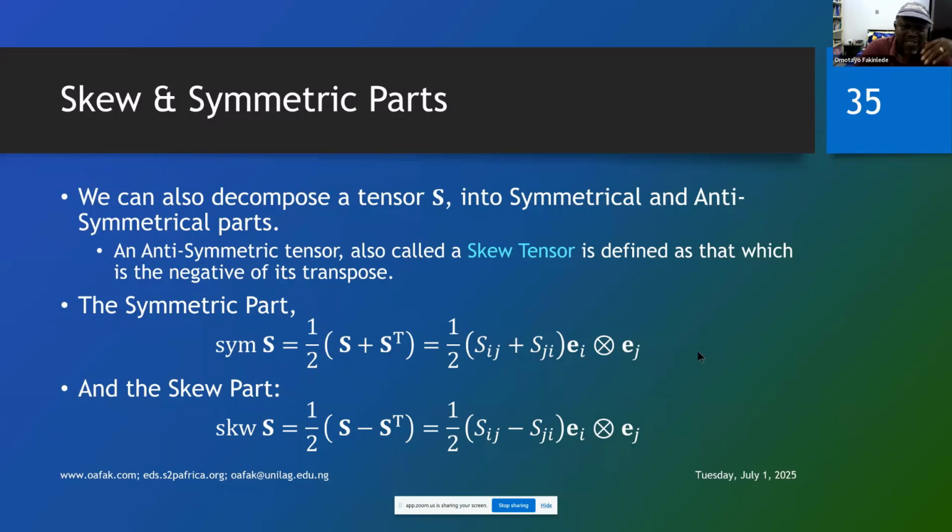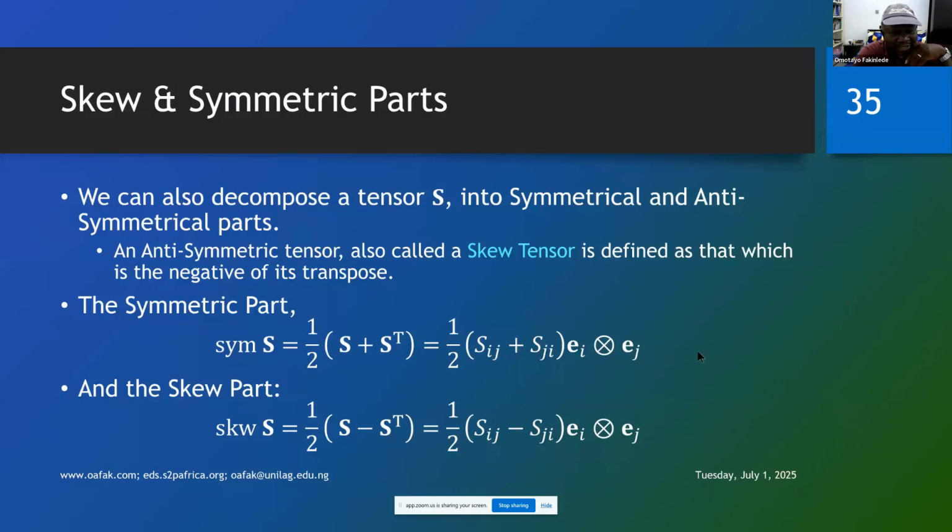We can also decompose a tensor S into symmetrical and antisymmetrical parts. The antisymmetrical tensor, called the skew tensor, is defined as that which is the negative of its transpose. A tensor that is skew, if you try to take its transpose, it is the negative of it. So how do you get the symmetrical part? If I have a tensor S and I want the symmetrical part, what I do is I take the tensor and I add its transpose and take the average of the 2 of them.